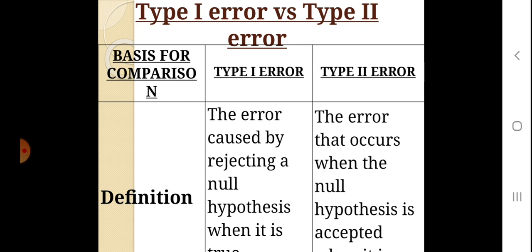The definition of type 1 error: type 1 error in statistical hypothesis testing is the error caused by rejecting a null hypothesis when it is true. The definition of type 2 error: type 2 error is the error that occurs when the null hypothesis is accepted when it is not true.